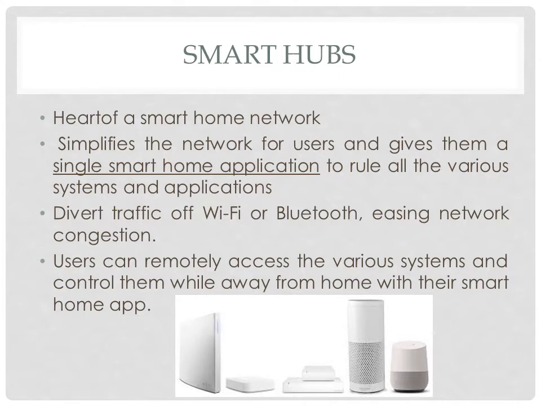In this way, a smart home hub acts as the heart of the smart home network, tying together various devices and systems in a centralized platform. This also simplifies the network for users and gives them a single smart home application to rule all the various systems and applications.